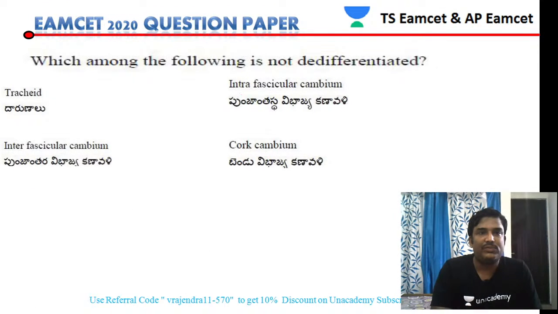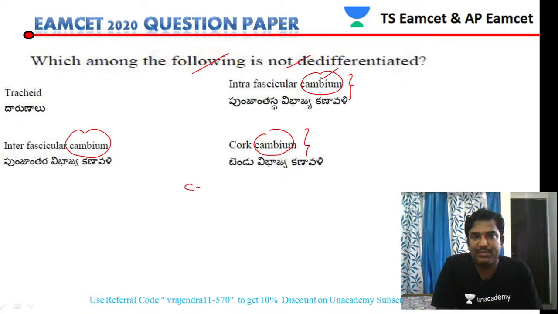Next, which of the following is not differentiated? See, this is cambium, this is also cambium, and this is also having cambium. So what is the importance of cambium? Cambium contains meristematic cells, and whenever meristematic cells are present, they can undergo dedifferentiation.